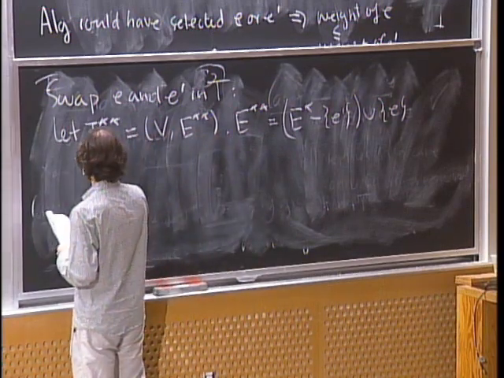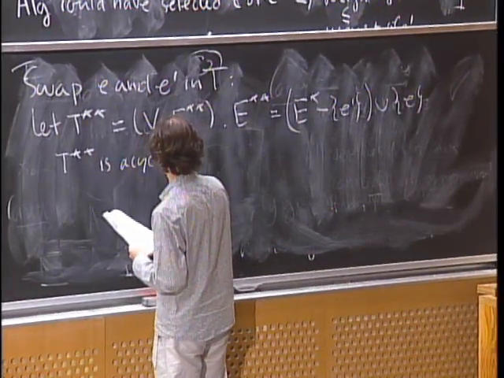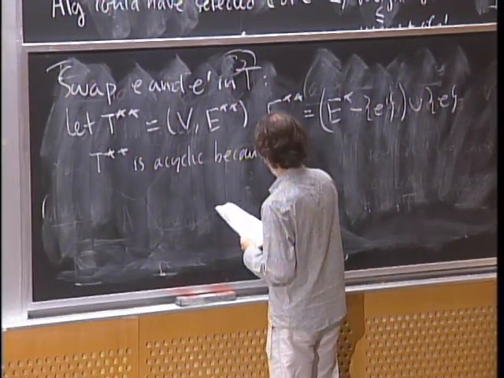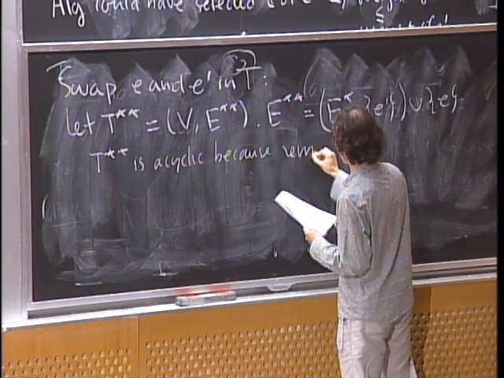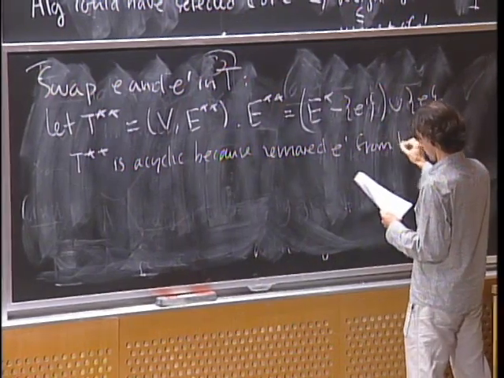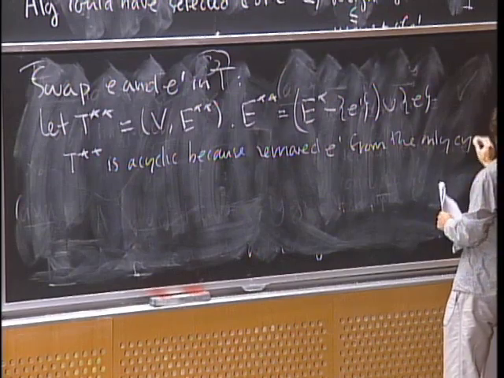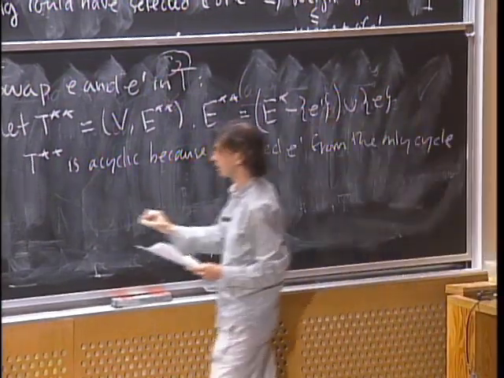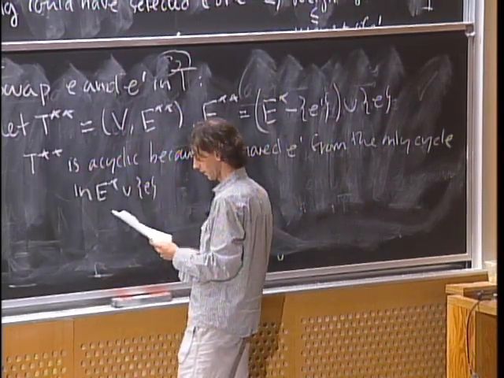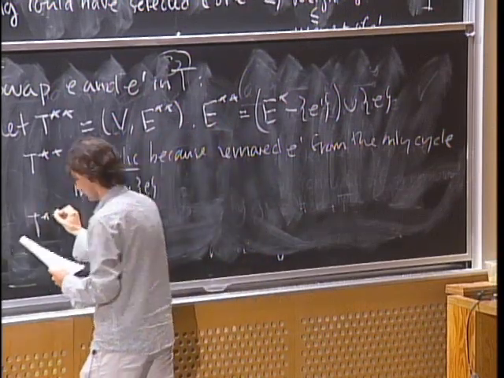So what do we know? We know that T double star is acyclic. And why is this? Well, we actually removed E prime from the only cycle, so look up here also, the only cycle in E star together with E. So it's acyclic. T double star is also connected.